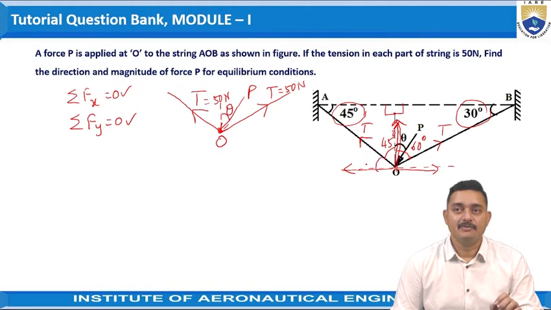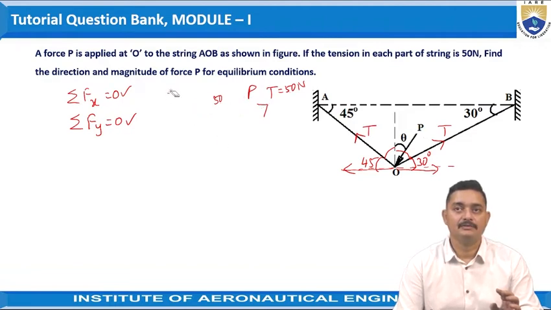The inclination is 45 degrees here and 30 degrees here. So the needed inclinations, 30 and 45, we can consider here.